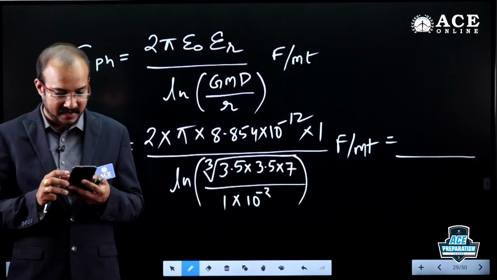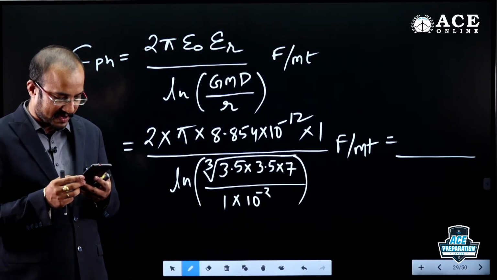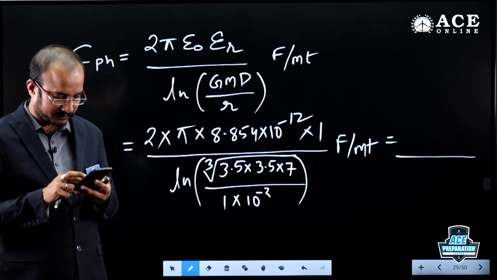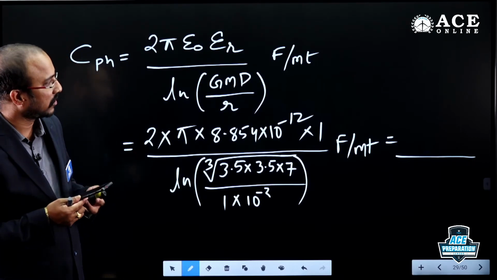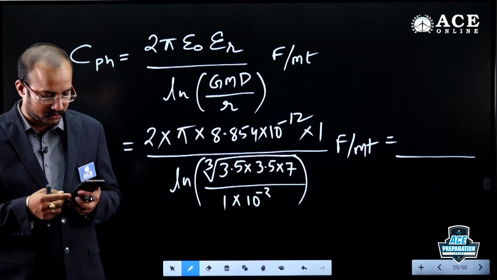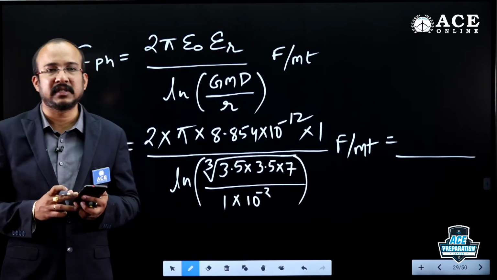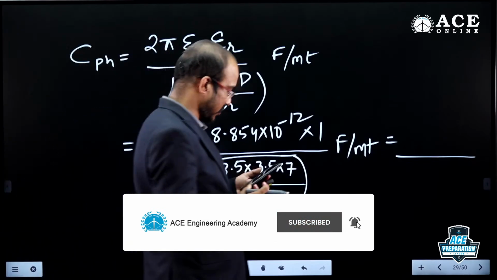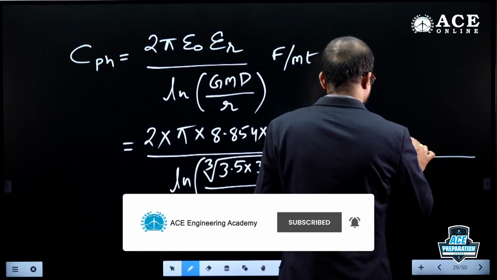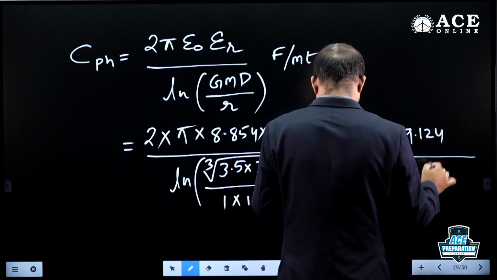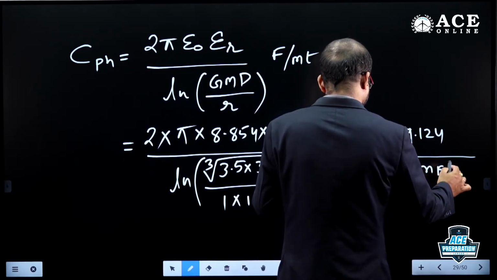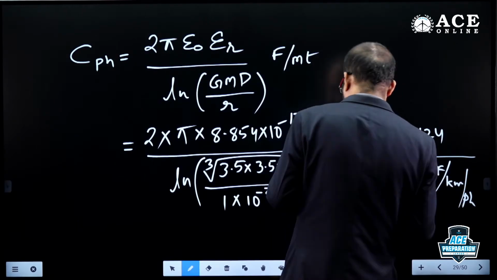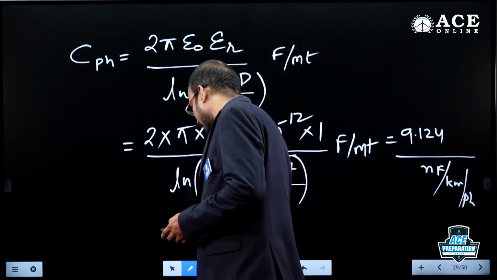Try to post the capacitance per phase that you get. 9.124 nanofarad per kilometer per phase.